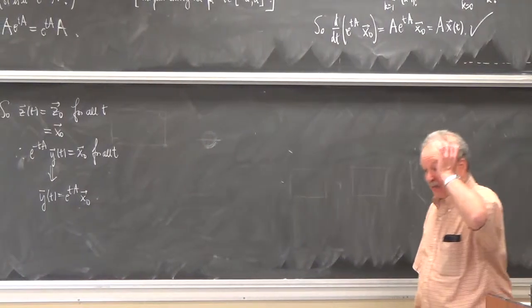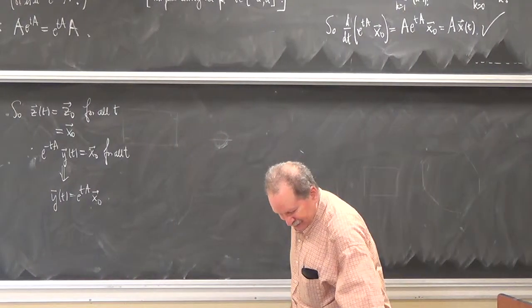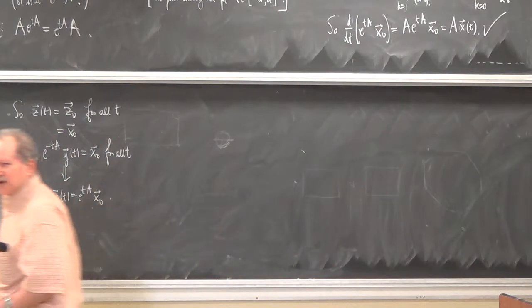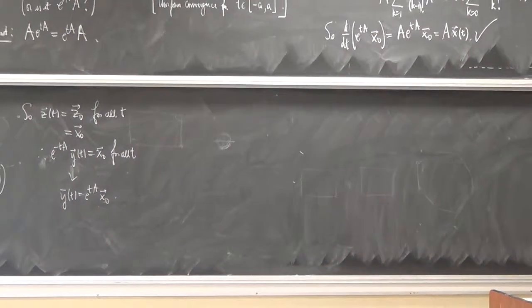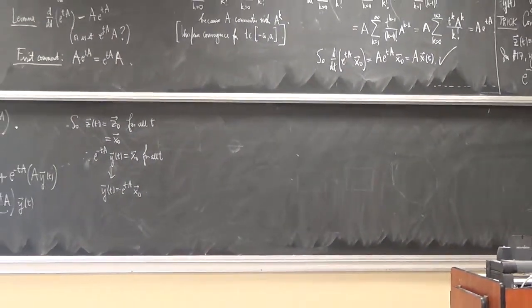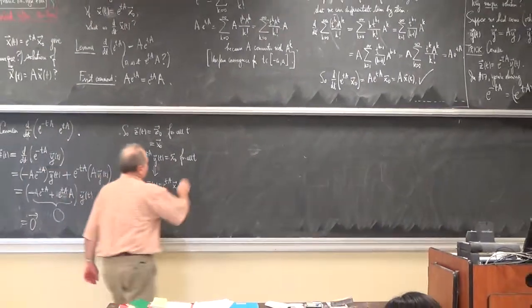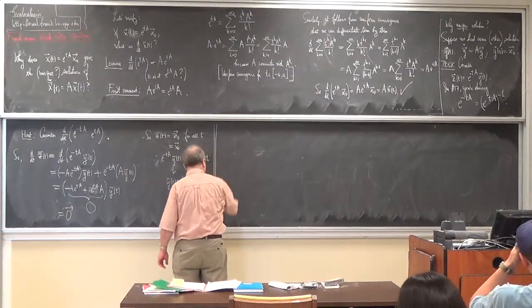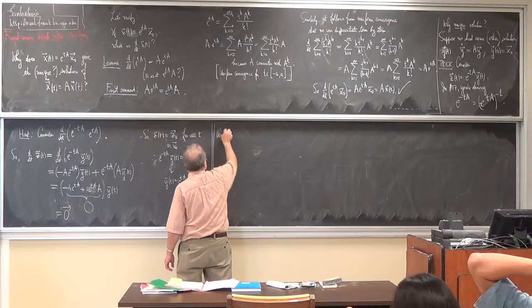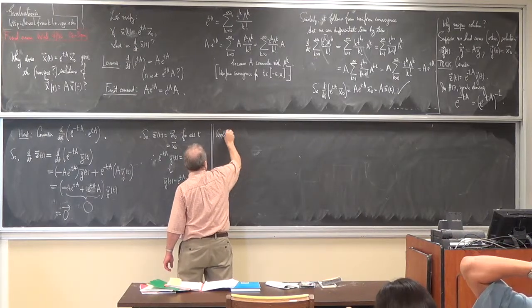Very powerful, actually, as I will now show you. Any questions on that? So, application. I'm going to do a special case, then I'm going to do a general case here.